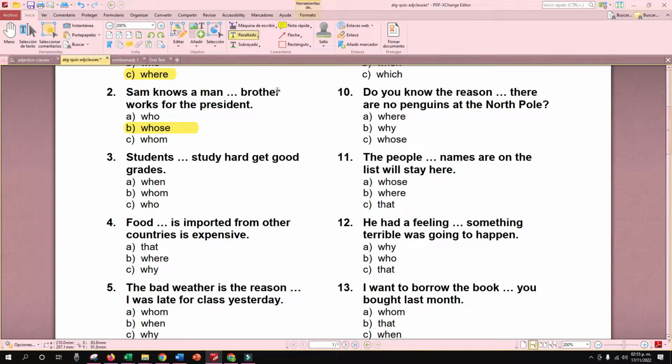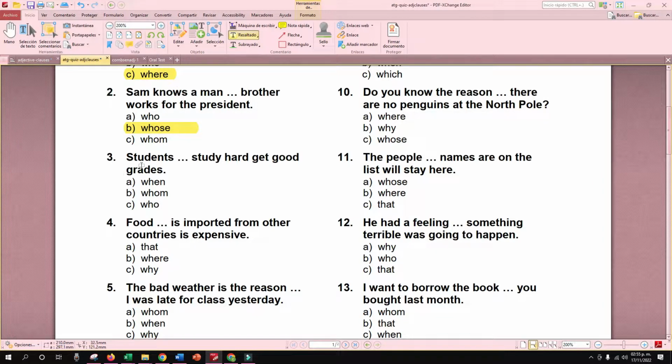That is like a possession. ¿De quién es el hermano? Del hombre. Entonces, en este caso vamos a utilizar whose. So, Sam knows a man whose brother works for the president, right? Excellent. So, thank you, Karen.